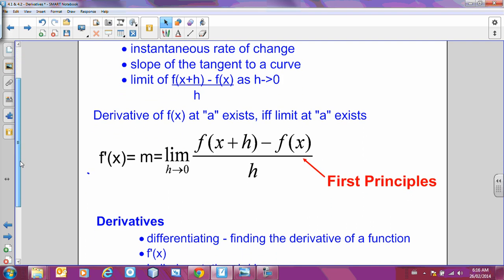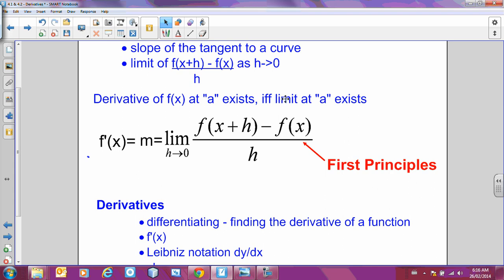Just a quick comment here, and I more just had it in because I already had it. Derivative of f at x at some value only exists if that limit exists. Okay, and not really that important, but just to understand that if we had a graph like this, and I ask you for the derivative at that point, as long as the limit's there, we're fine.